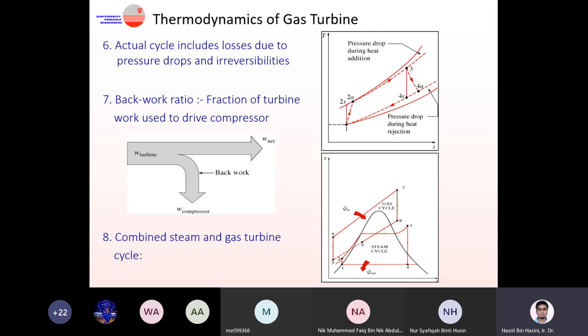And then 4 to 1 is the heat rejection. Q_out happens here. Q_in happens between 2 and 3.